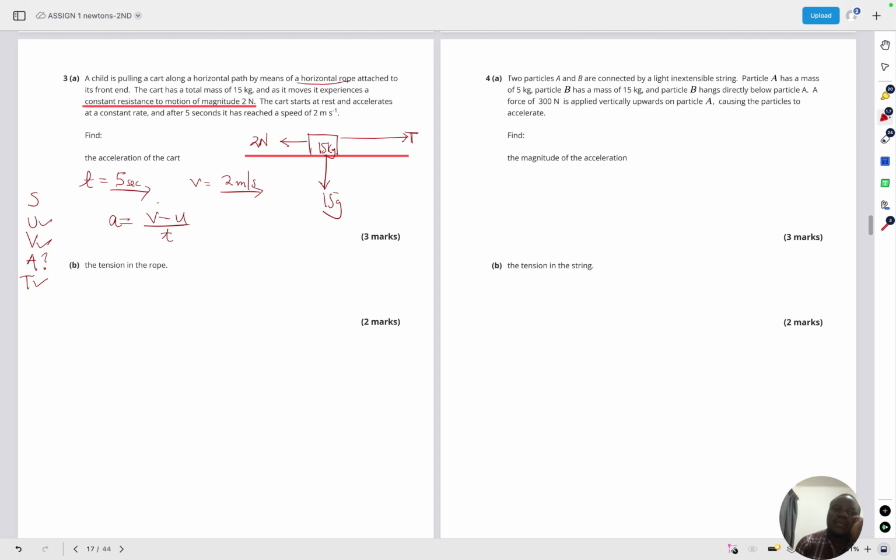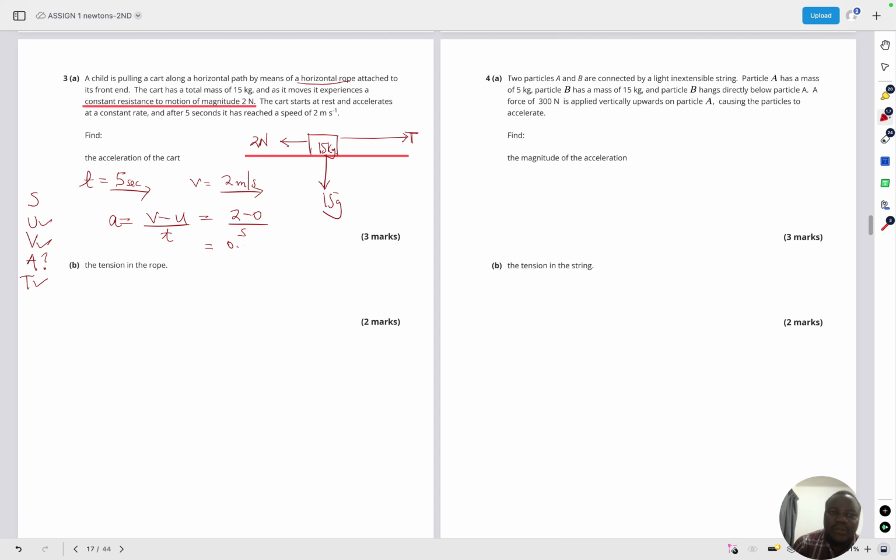These are the three things that we have, because remember the cart starts from rest. To find the acceleration of the cart, the final velocity is 2, minus 0, over the time of 5 seconds. If we do this on our calculator, you'd find that this is 0.4 meters per second squared.